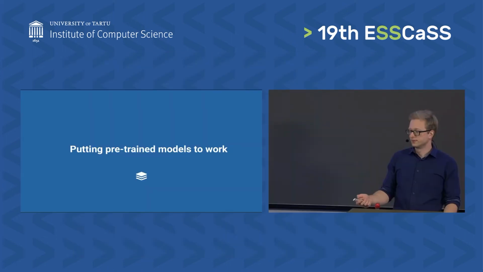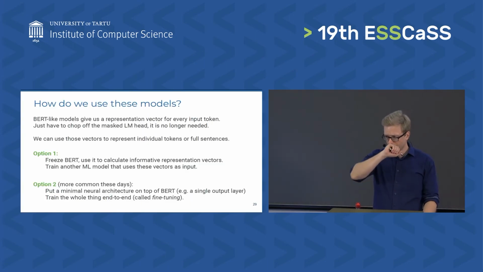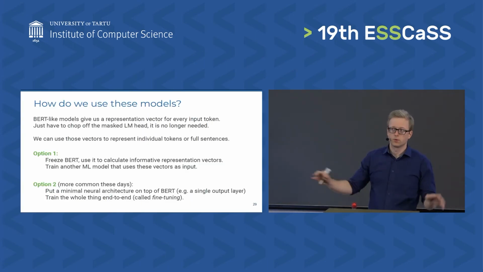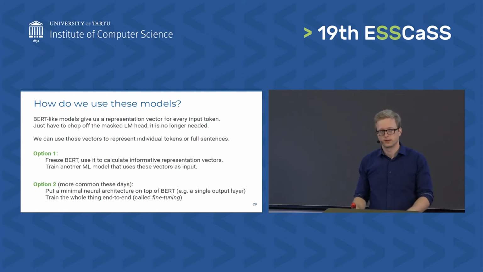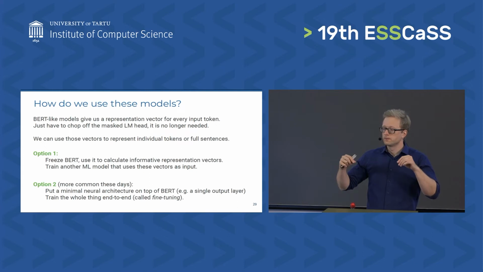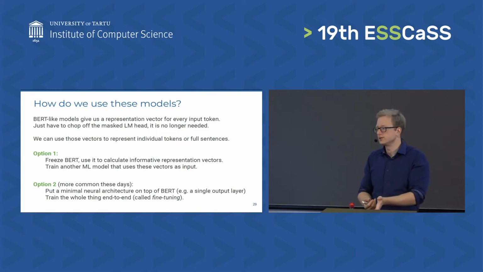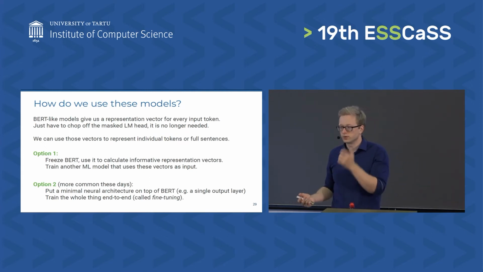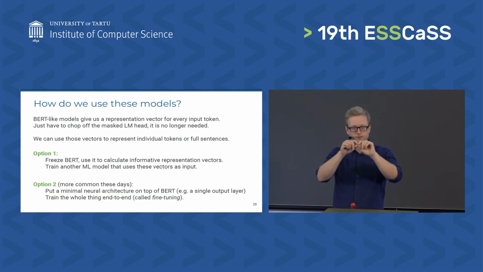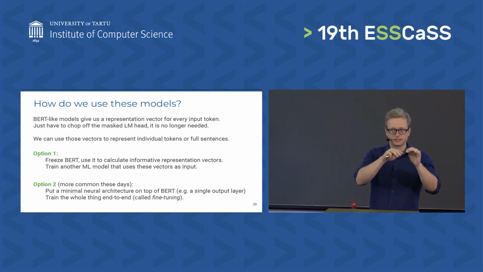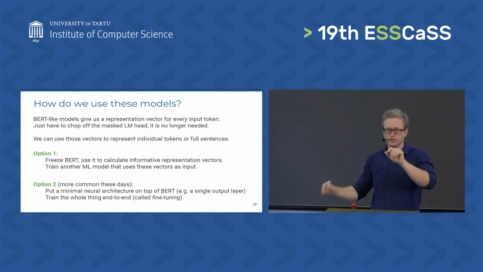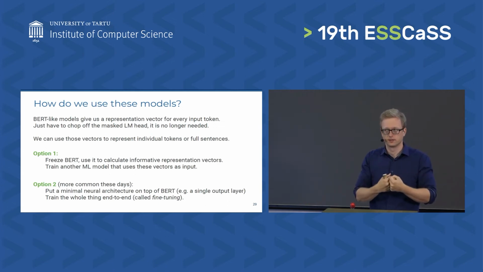So let's see how to actually use these models in practice. With BERT-like models, there are many models out there similar to BERT nowadays. They give us a vector representation for every input token, and the normal practice is to just chop off the output layer, and this gives us the vector for that particular word.